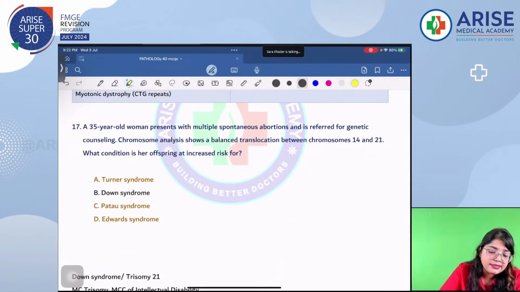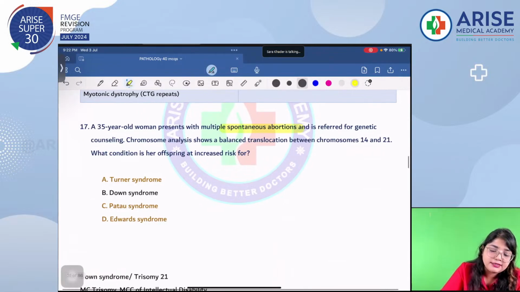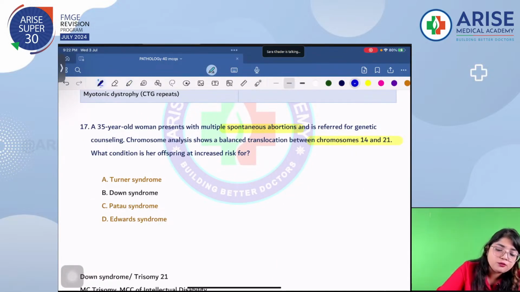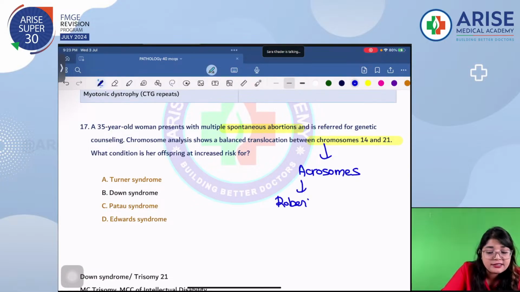What about this one, guys? Spontaneous abortions. There is a translocation between chromosome 14 and 21. So most likely, see, 14 and 21 are acrocentric chromosomes. So there is a translocation between acrocentric chromosomes known as Robertsonian translocation.